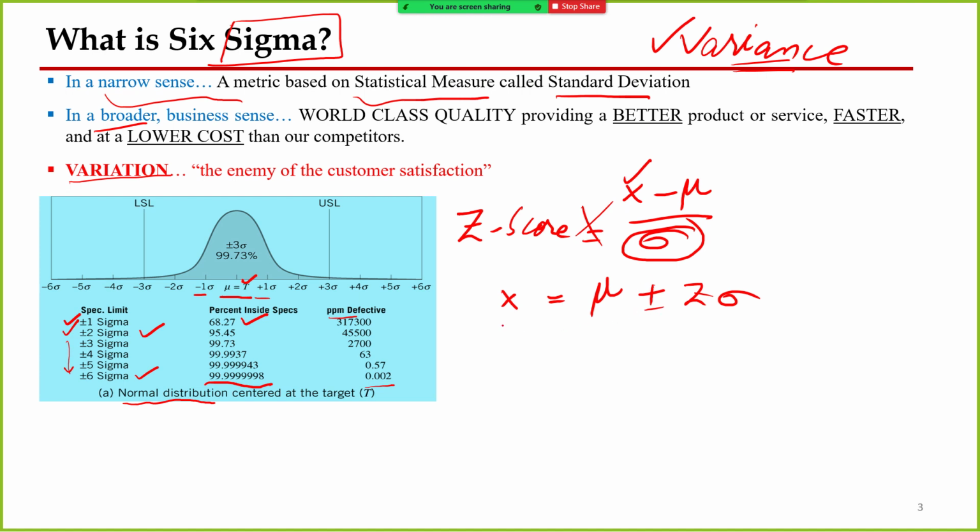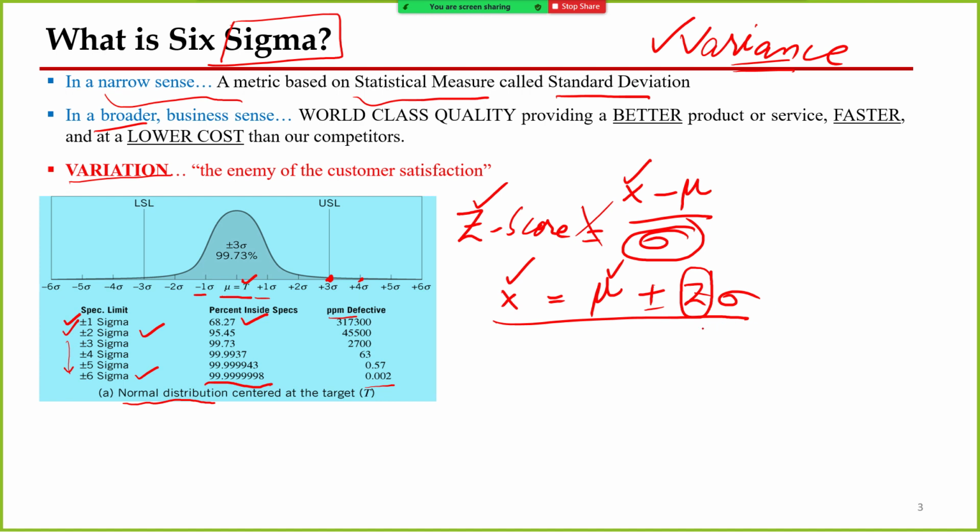Now in this equation, x is indicating a particular point, this point or this point, and we can say that this point lies a certain number of standard deviations away from the mean value. So this z is your z-score, which is basically indicating the sigma level.